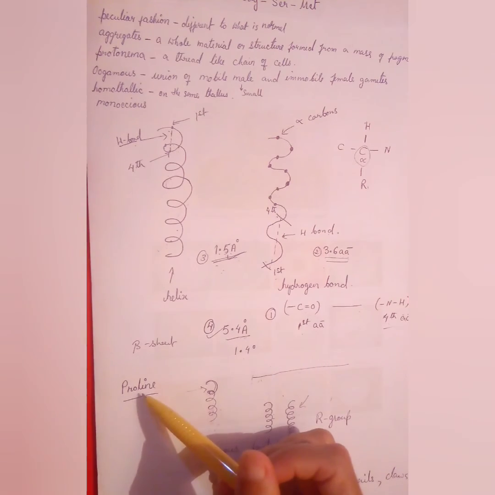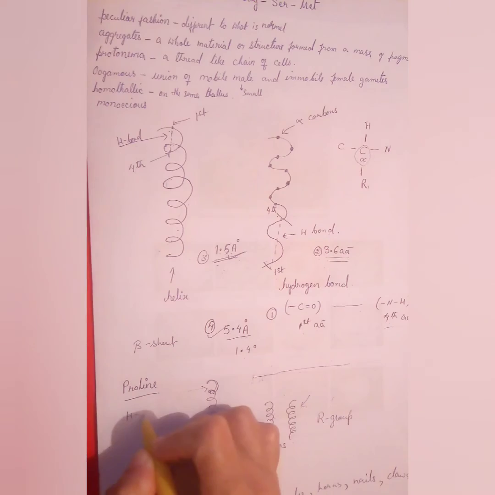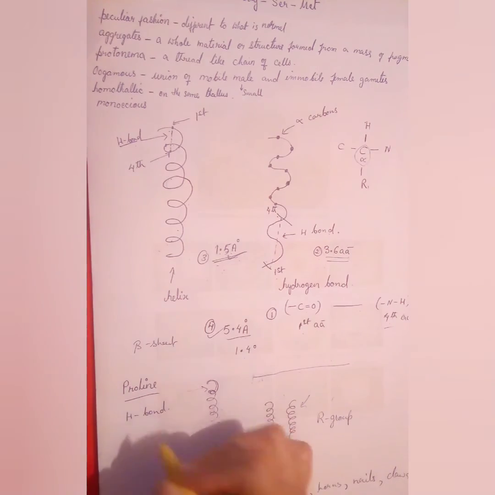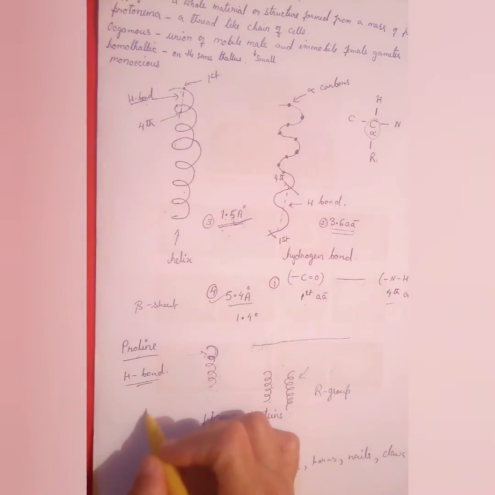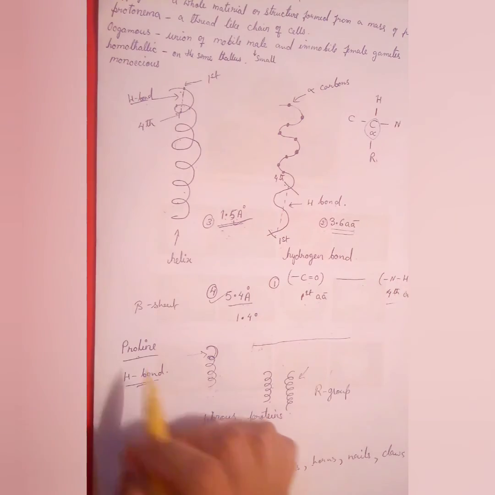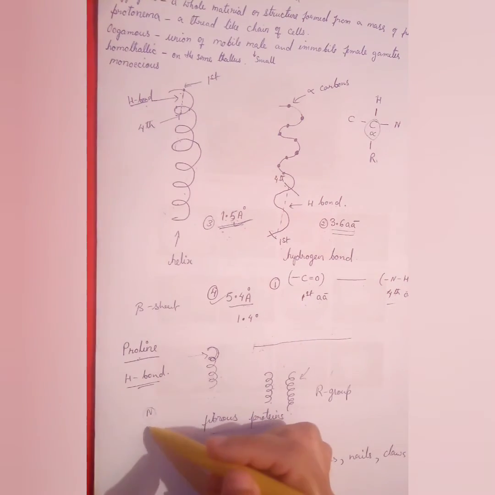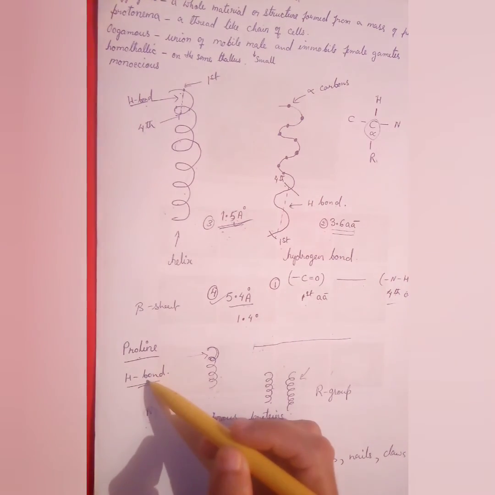If you remember the structure of proline, it cannot form the correct pattern of hydrogen bond. Why? Because it lacks a hydrogen atom on its nitrogen atom. There is no hydrogen atom on the nitrogen atom in proline. That's why it cannot form the correct pattern of hydrogen bond.